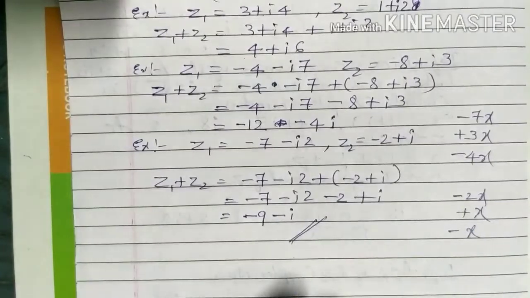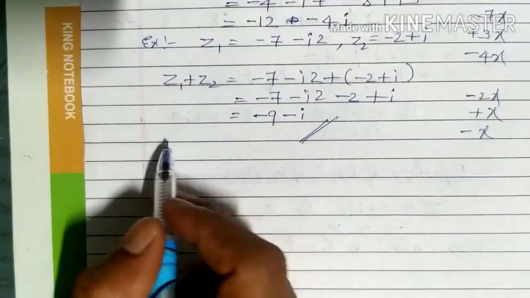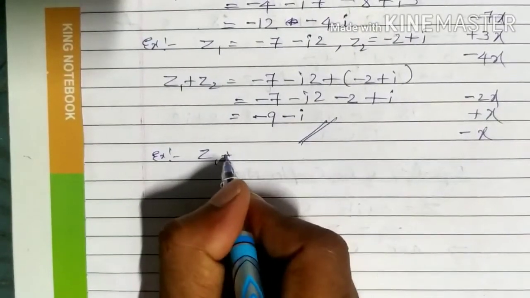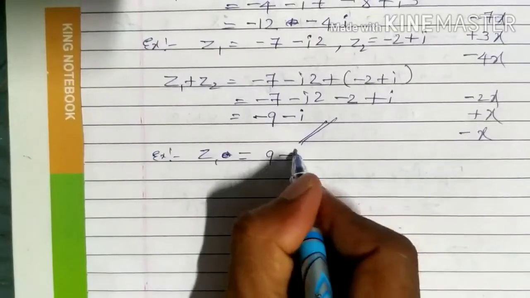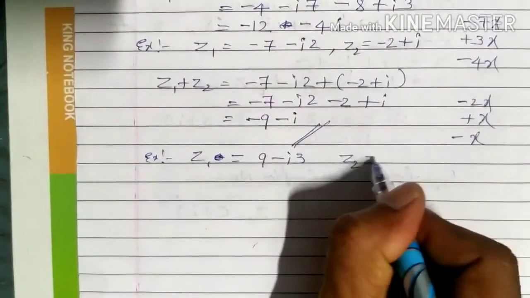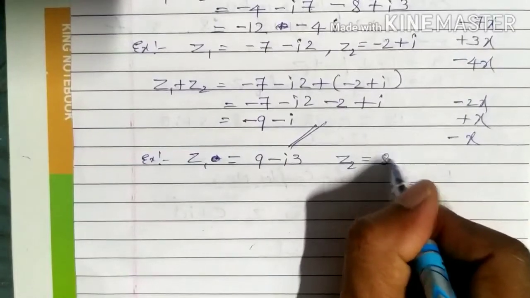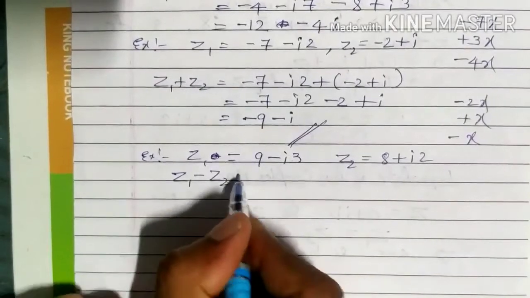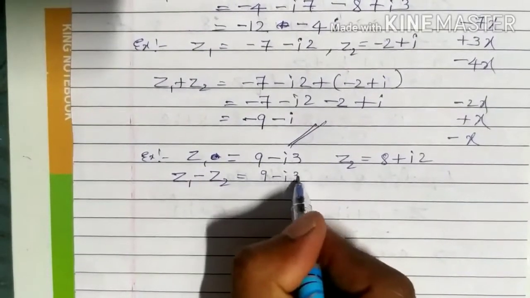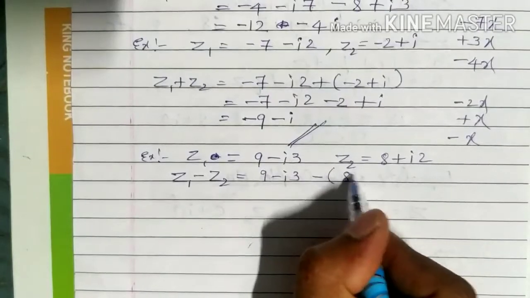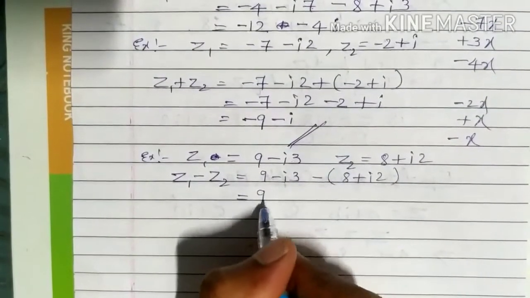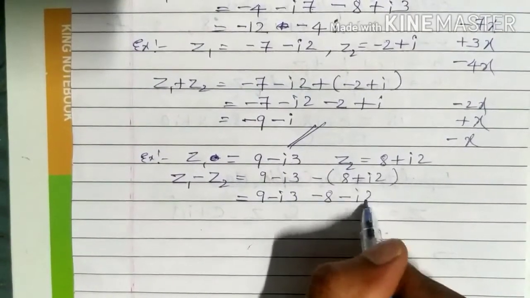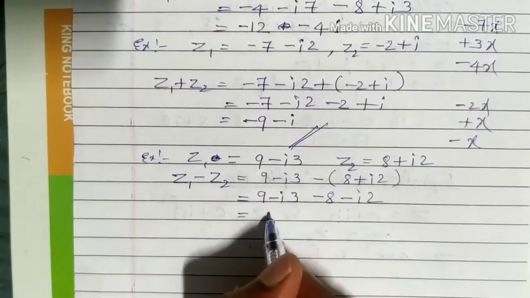I hope you understood. In the similar way we will subtract. I will take examples. z1 is equal to 9 minus i3, z2 is equal to 8 plus i2. So let me subtract z1 minus z2. So z1, 9 minus i3, minus z2, 8 plus i2, that is equal to 9 minus i3 minus 8 minus, into plus, minus i2, that is equal to 9 minus 8, 1.